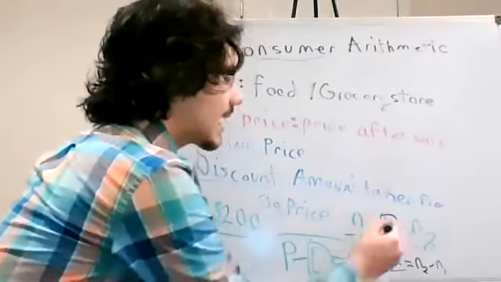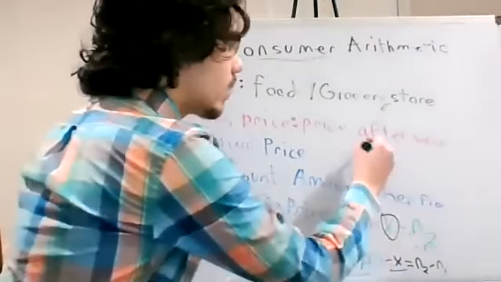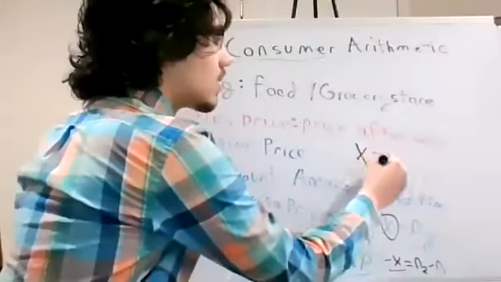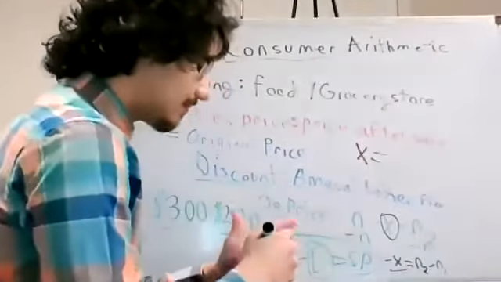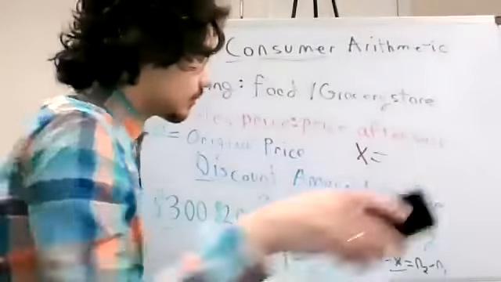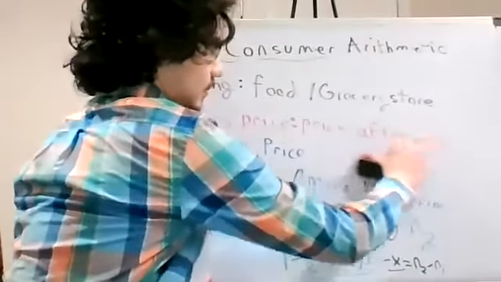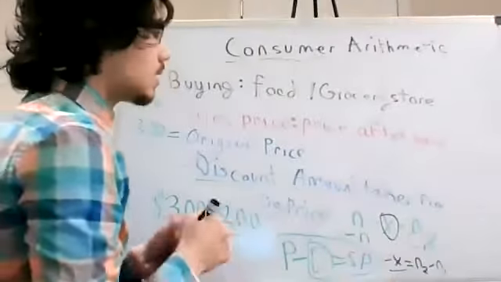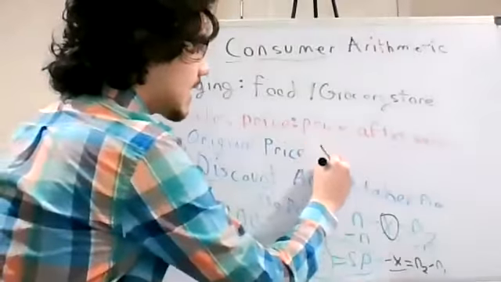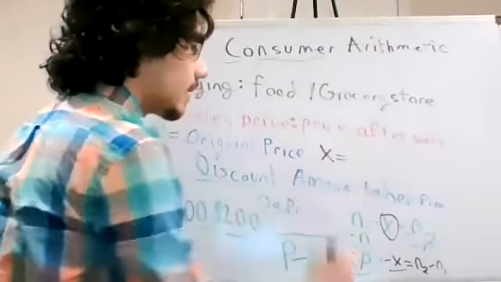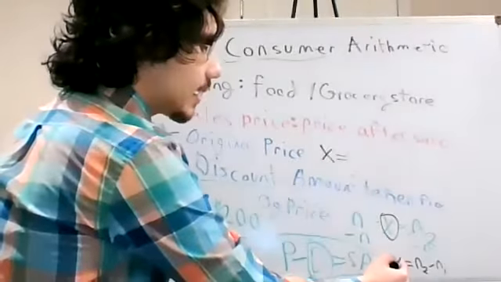We want to find X by itself. So we will have just X equals. So we want to have just X equals. What do we have here?